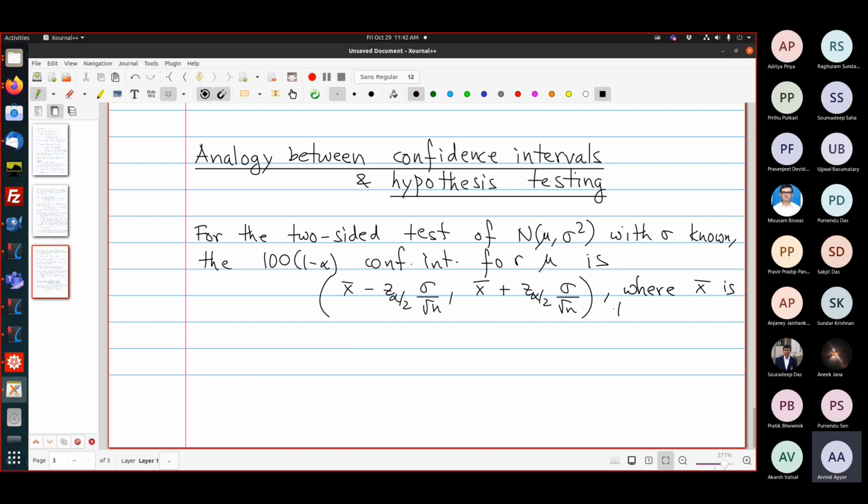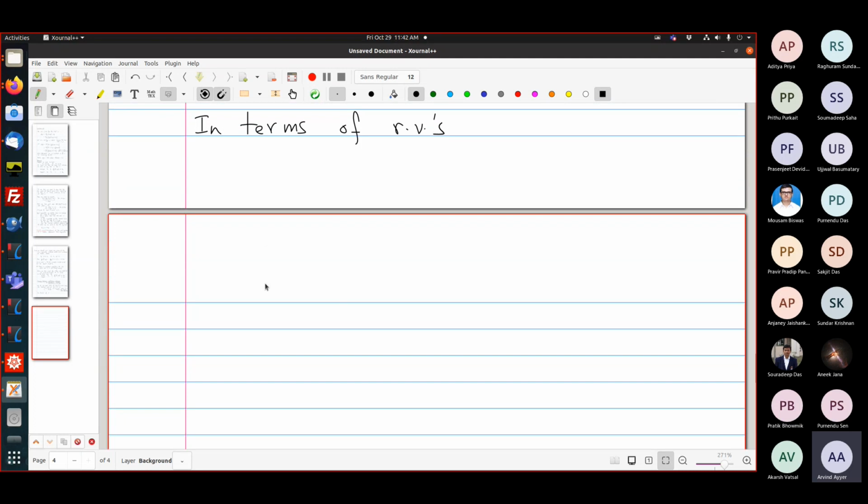Where small x bar is the sample mean from data. In terms of random variables, what we are saying is that the probability of mu belonging to capital X bar minus Z alpha by 2 sigma by root n to capital X bar plus Z alpha by 2 sigma by root n is 1 minus alpha, right?